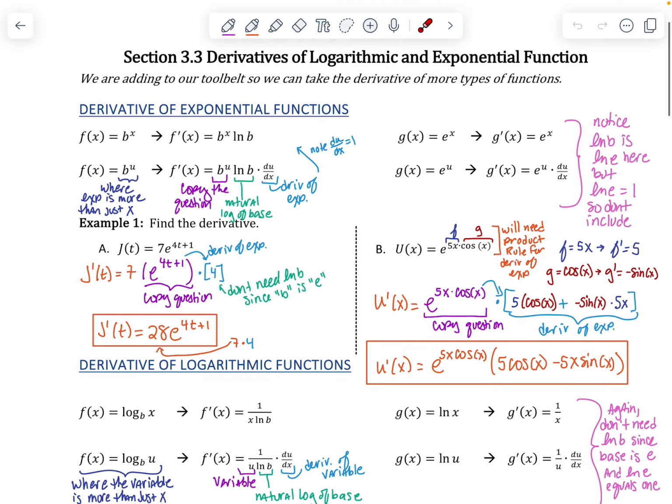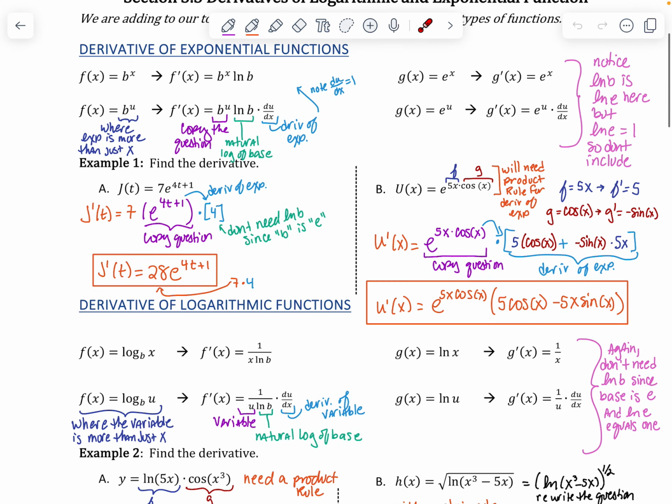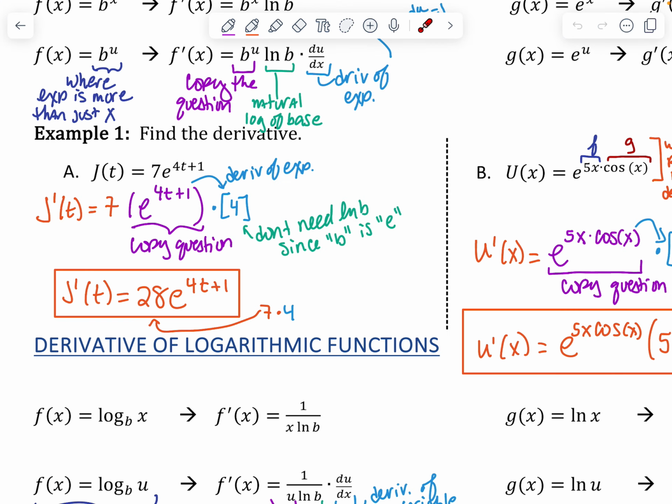So let's go ahead and look at some examples. Find the derivative of 7e to the power of 4t plus 1. Our input is t, and t appears in the exponent. So I'm going to leave the 7 out front of my derivative as a coefficient. I'm going to copy the equation.